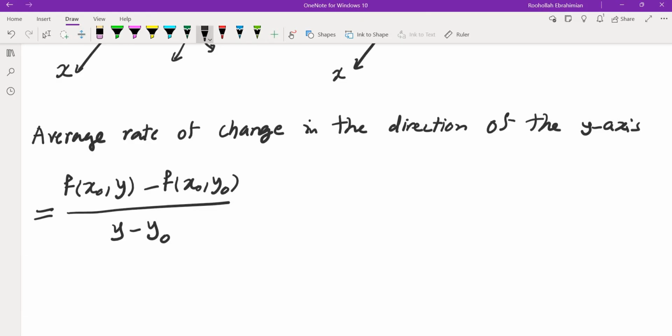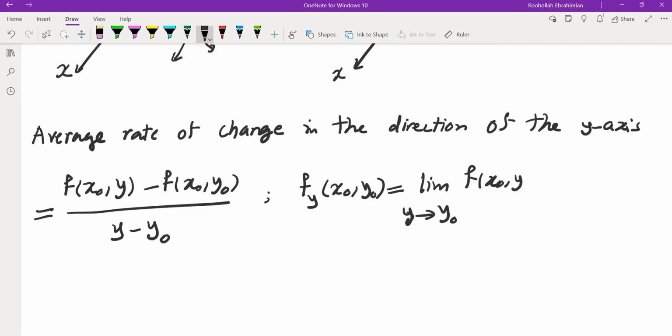Now, what is the instantaneous rate of change? It is taking the limit as y approaches y naught. That is called the partial derivative, and the notation is this. The partial derivative of f with respect to y at x naught, y naught is equal to the limit as y approaches y naught of f of x naught comma y minus f of x naught comma y naught, divided by y minus y naught.